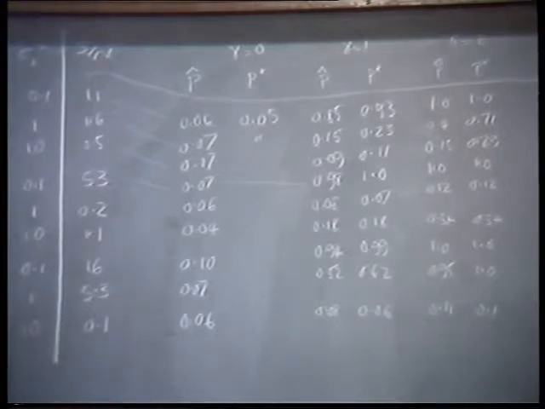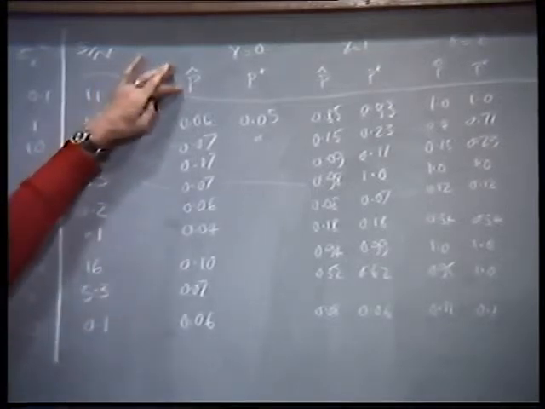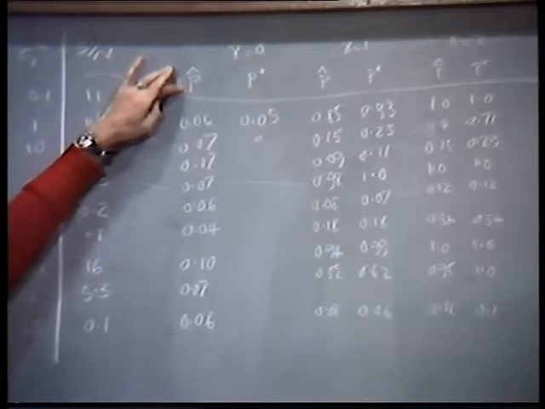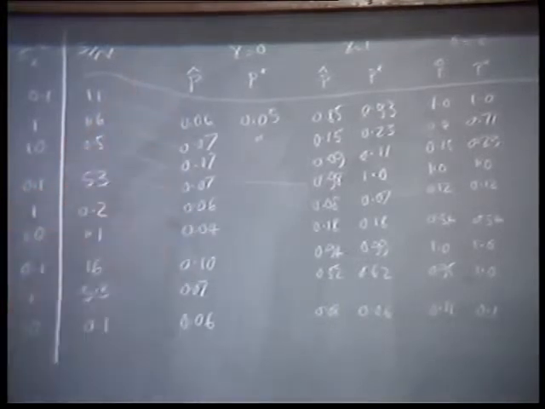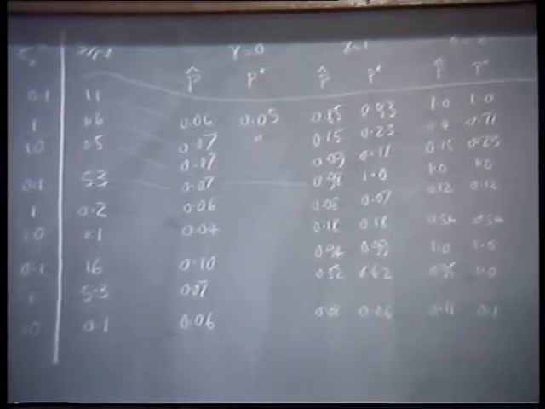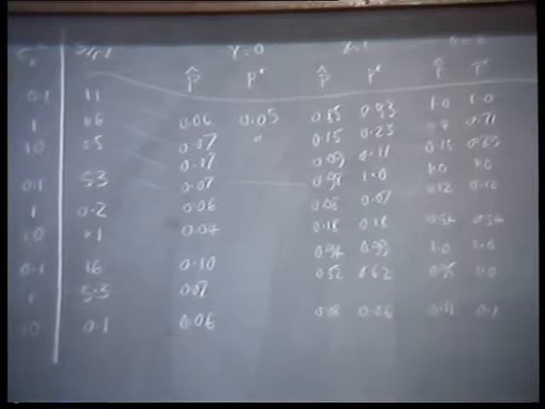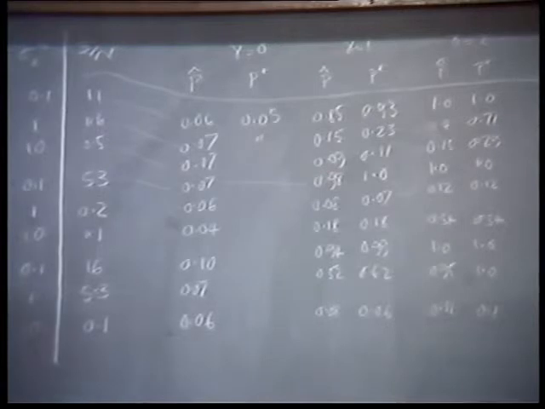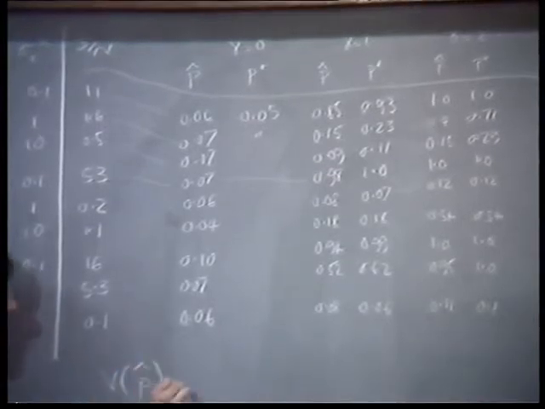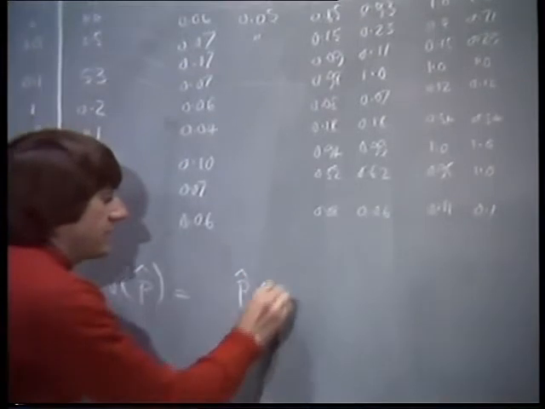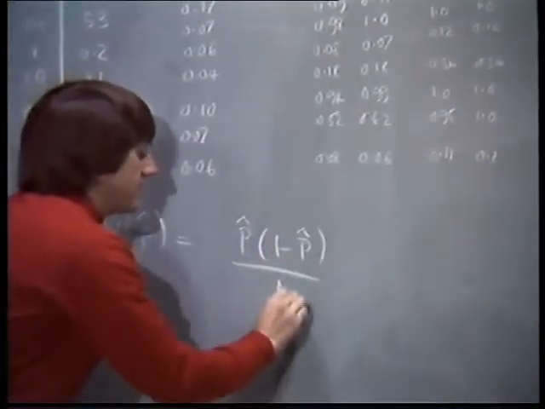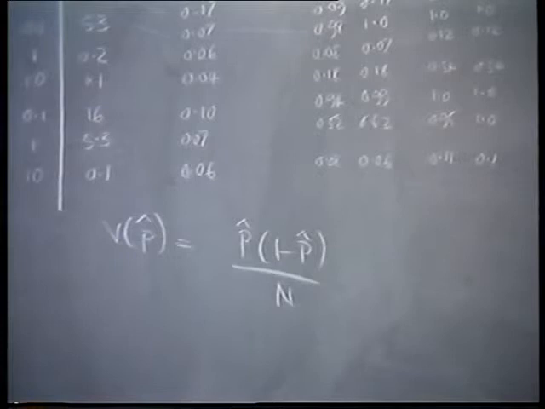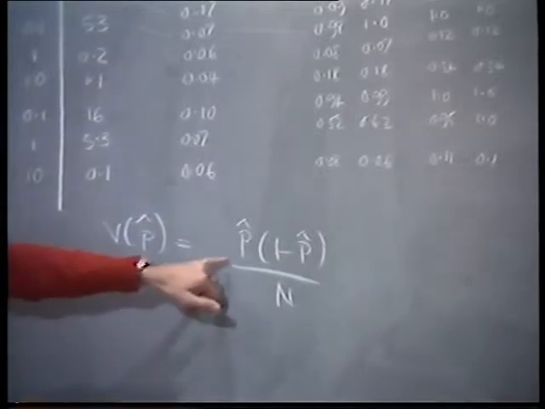But an important point to re-emphasize is that these empirical powers, or estimates of the size, are estimates and have a sampling distribution. Because we've taken those to be the proportion of rejections within the number of replications, the variance of p hat will be p hat times 1 minus p hat divided by the number of replications, just from the variance of a proportion.